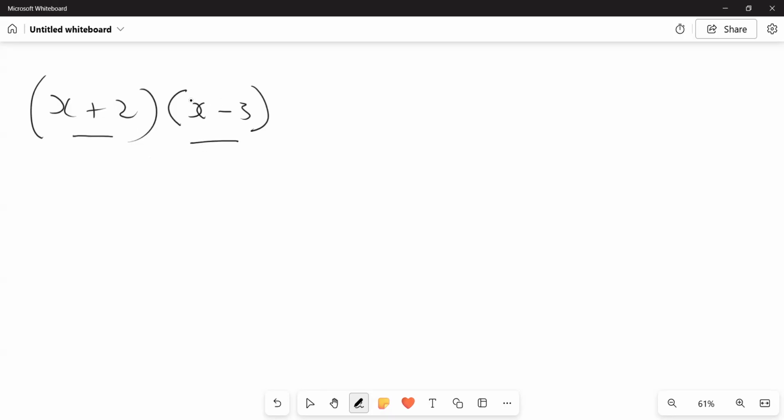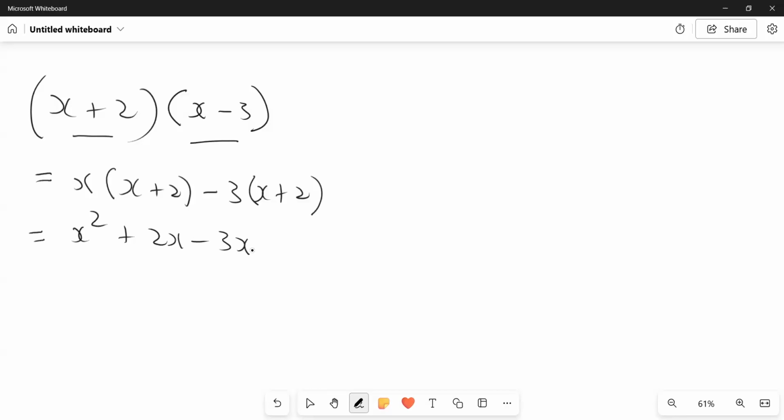If we were to multiply these 2 binomials, let's see what we'll get. We can take x multiplied by x plus 2, then minus 3 multiplied by x plus 2. We're going to get x squared plus 2x minus 3x minus 6.